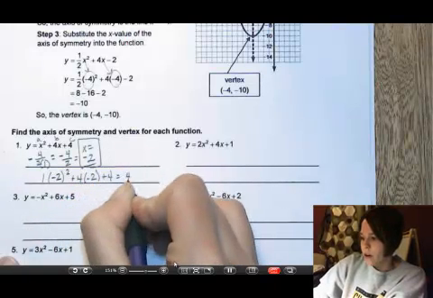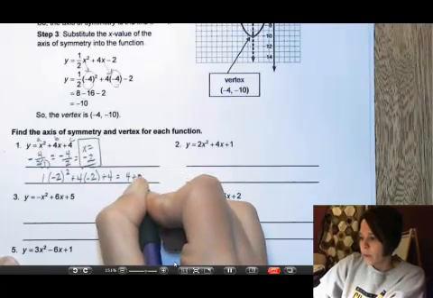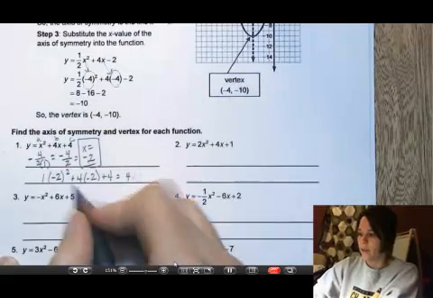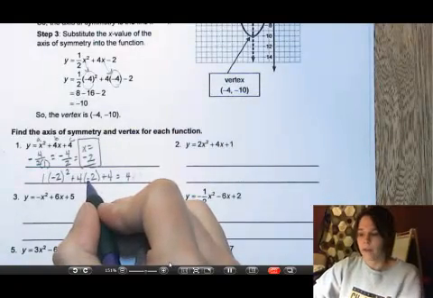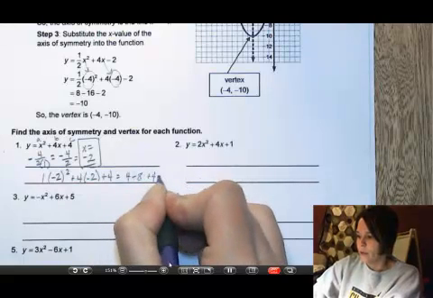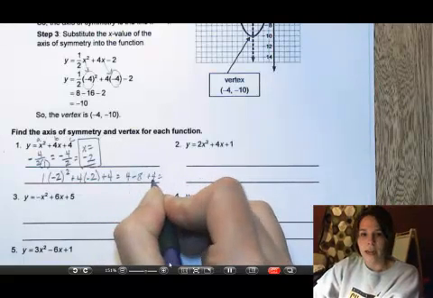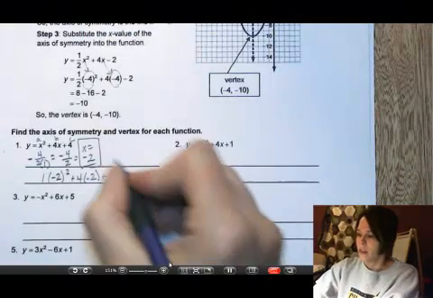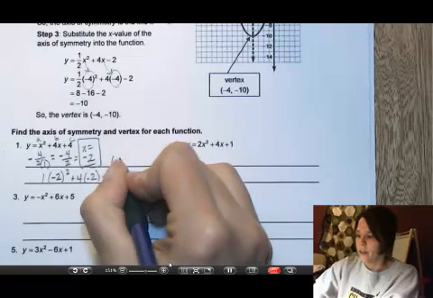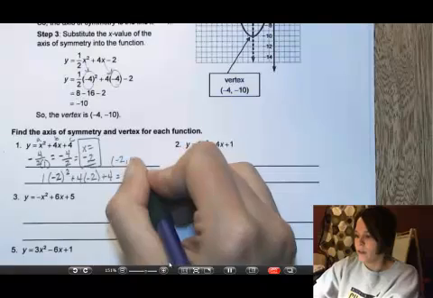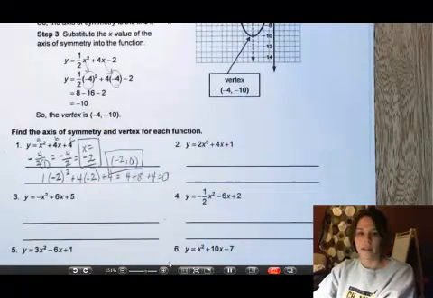I have a negative and a positive, sorry. -2 times 4 is -8, so it's 4 minus 8 plus 4. 4 plus 4 is 8, minus 8 is 0. Therefore my vertex, the x value of -2 for my axis of symmetry, the y value that I just solved for, my vertex.